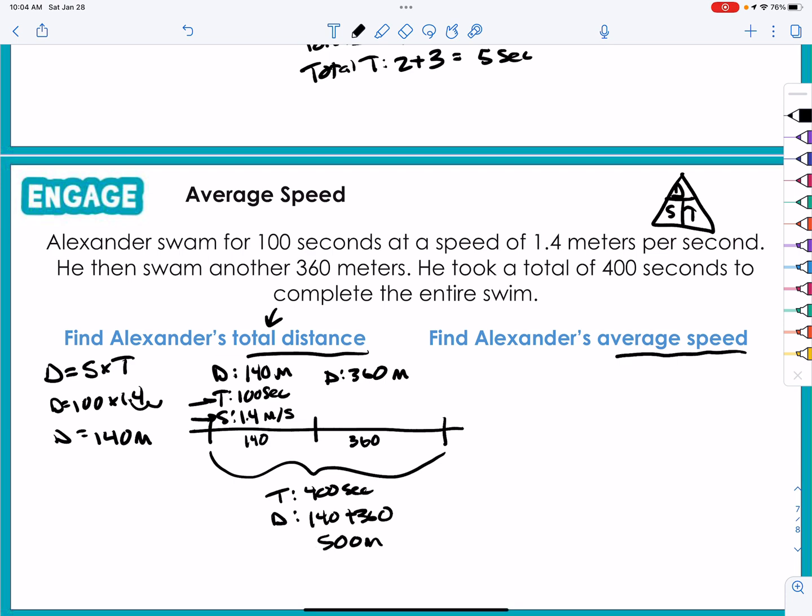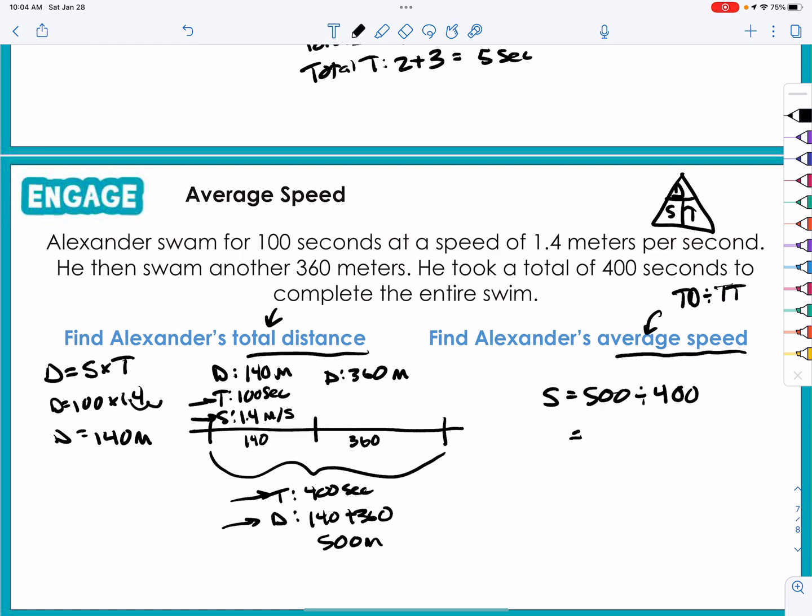Awesome. That's pretty great. So now if we want to find his average speed, we need to know his total distance divided by his total time. Well, we're in luck because we just calculated his total distance. They gave us his total time. So this one's going to be pretty straightforward to calculate. 500 divided by 400.